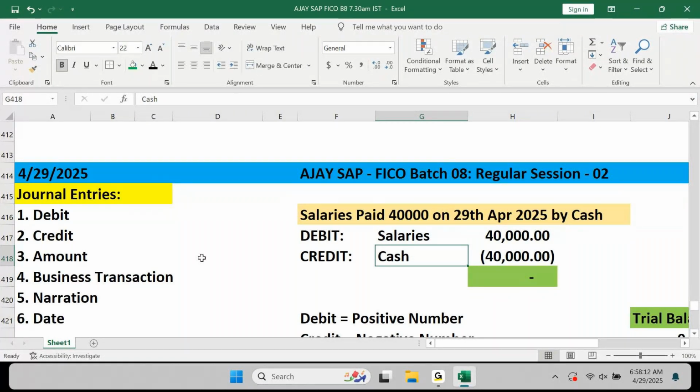Your master can be GL master, customer master, vendor master, fixed asset master. Majorly, only four we will be using while writing the accounting entry: GL master, customer master, vendor master, fixed asset master.